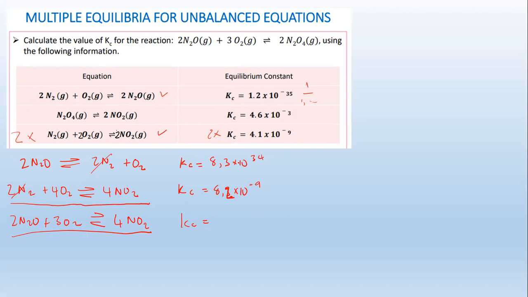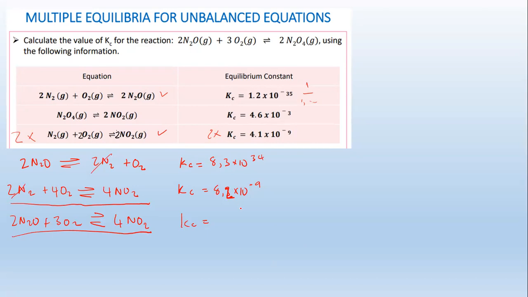So I'm going to say 8.2 times 10 to the power -9 multiplied by 8.3 times 10 to the power -34. So it's now positive, because we took the reciprocal, positive 34.